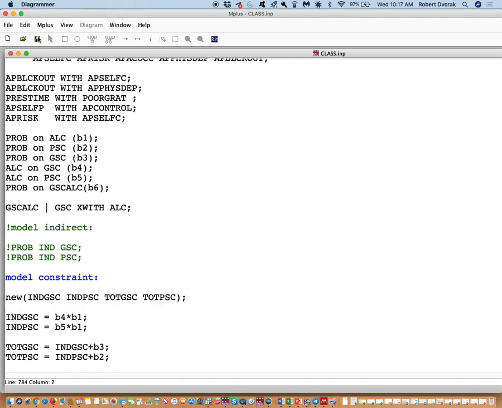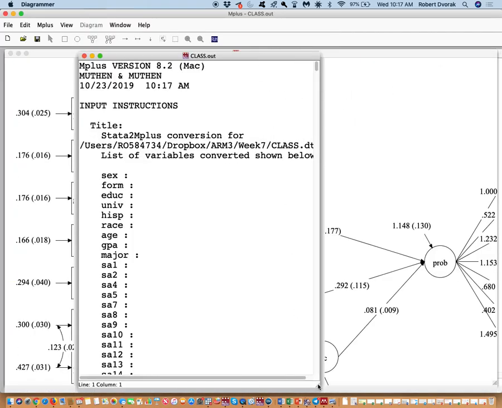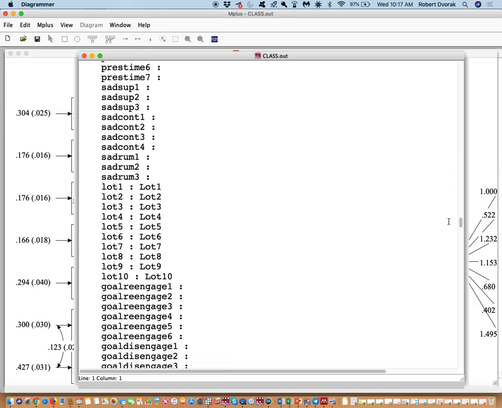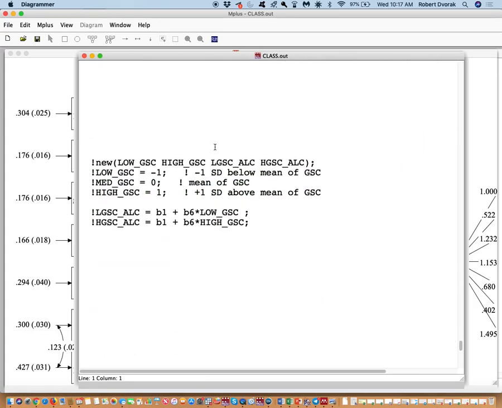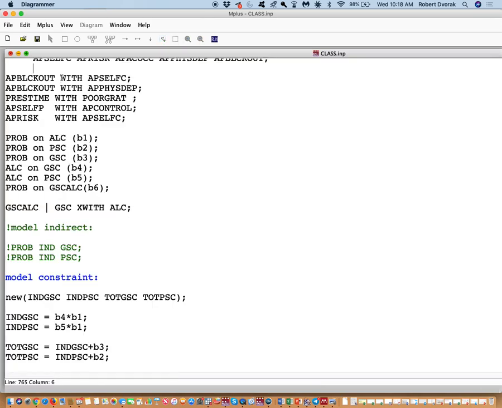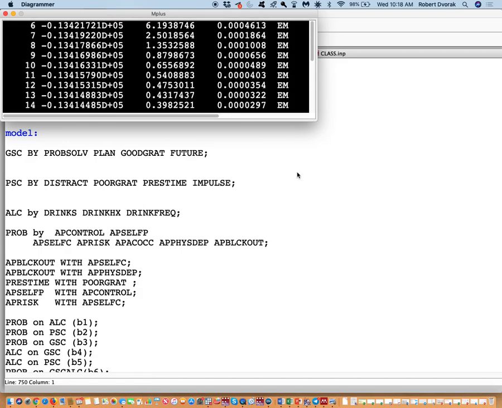Then let's run this just to make sure that our model is working. Oh yeah, that's right. We have to add in type equals random, algorithm equals integration. There we go. Now it's thinking.